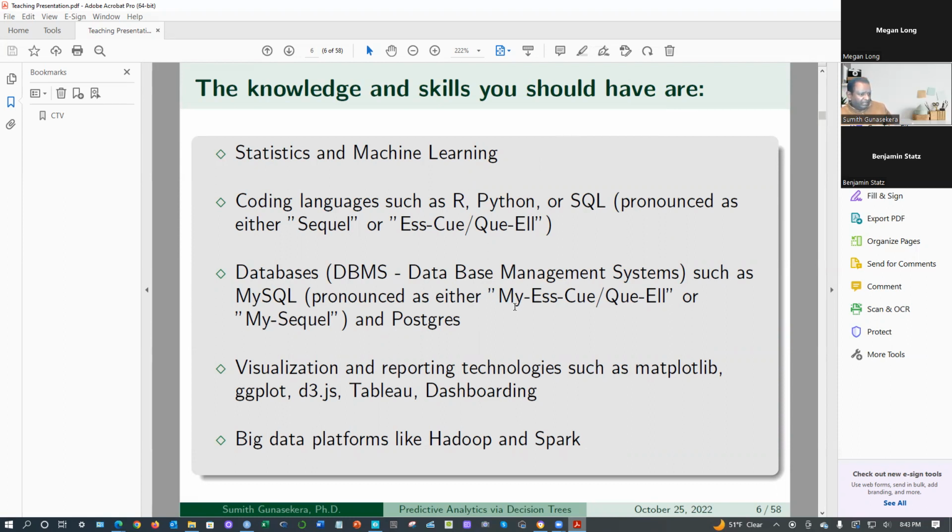Visualization packages like Tableau, dashboarding, big data platforms like Hadoop and Spark. You should know all these at the end of the day. So these are very important too, because you need that visualization, that big data platform.